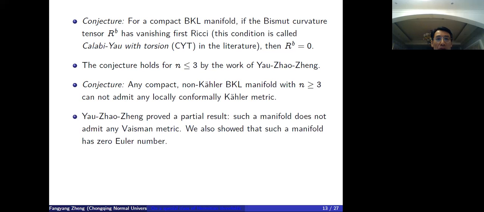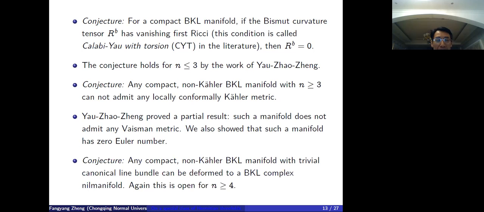We cannot prove it in dimension 3 or beyond, but we can prove a weaker result, namely such a manifold does not admit any Vaisman metric. Vaisman is more special than locally conformally Kähler, right? So our argument doesn't need the Vaisman structure.